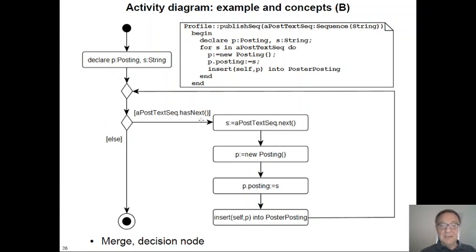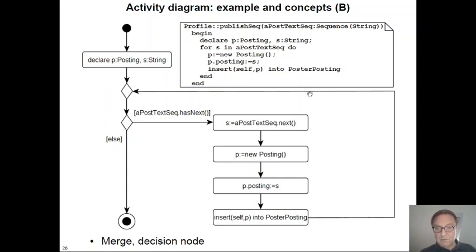If this is the case, then the S is assigned, corresponding here to the text in the soil statement. The S is assigned, and then the 3 remaining statements are exactly the 3 statements that correspond exactly to the 3 action nodes which sit here in the activity diagram.